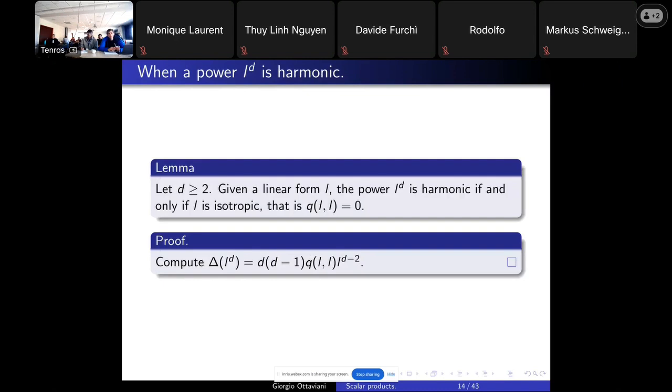And if you compute the Laplacian of these, it's an exercise that you get this formula. So it vanishes exactly when Q(L, L) vanishes. And indeed, you never see any of such phenomena over the real, only over the complex.